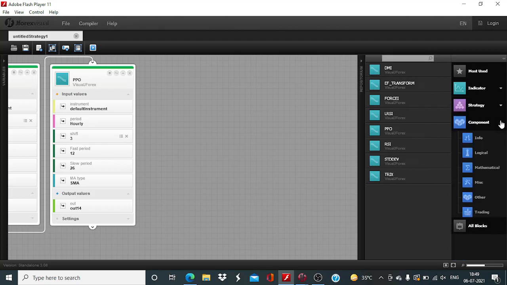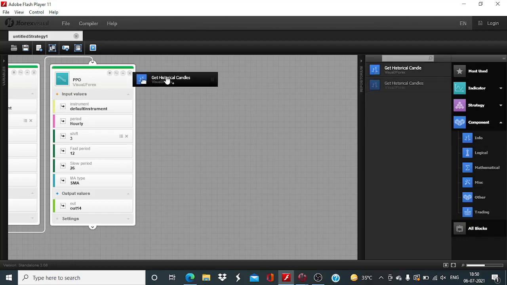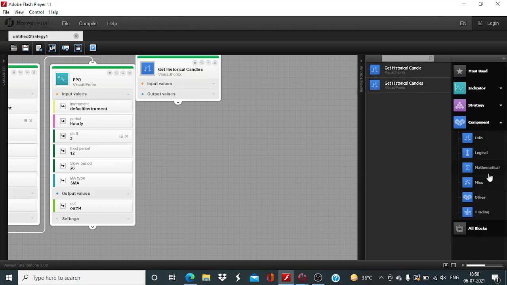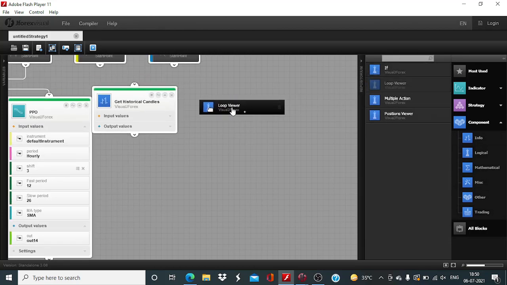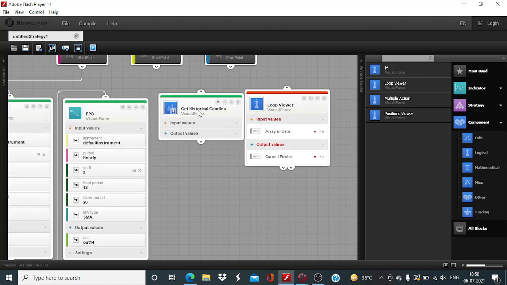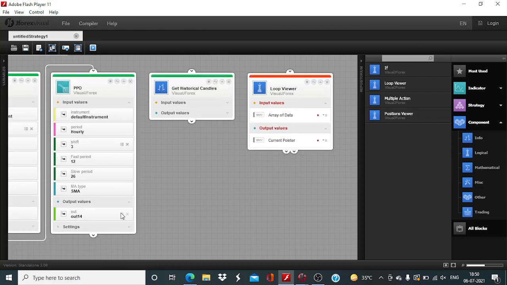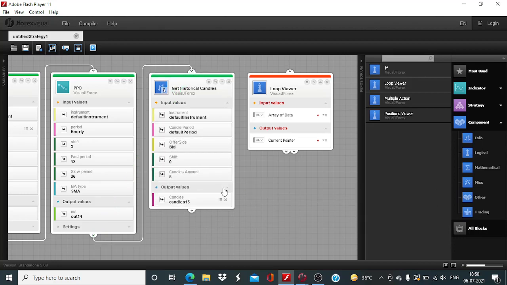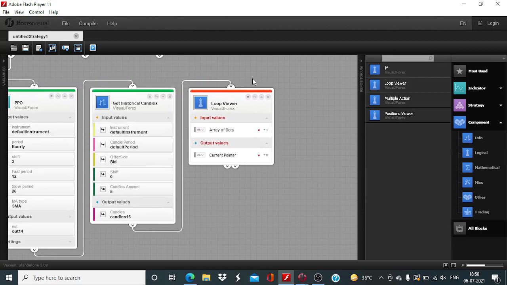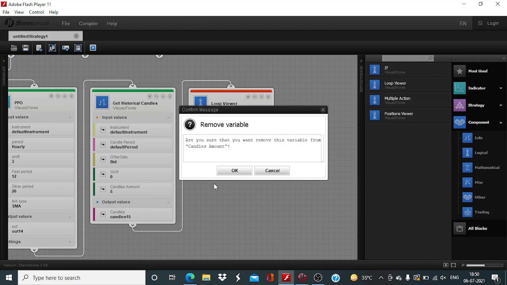I will have to add the component logical info and loop viewer along with this get historical candles. Candle amount I will change to 3 only.